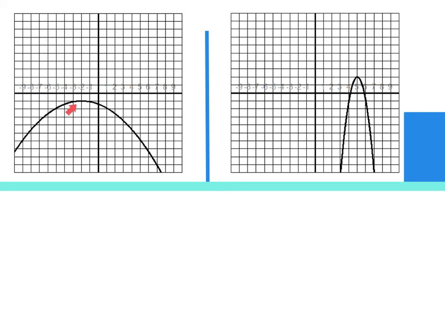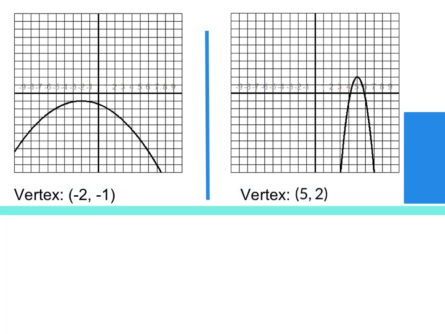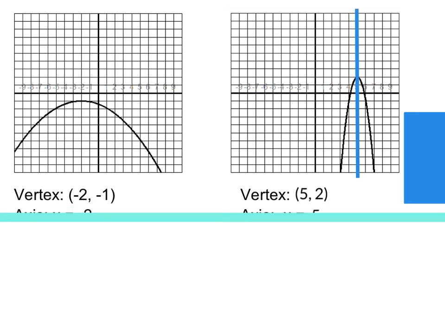Okay, let's look at these last two. I see here that I have a vertex at -2, -1, and here I have a vertex at 5, 2. Then when I look at the axis of symmetry, for this graph it's the line x equals -2, and over here it would be the line x equals 5.